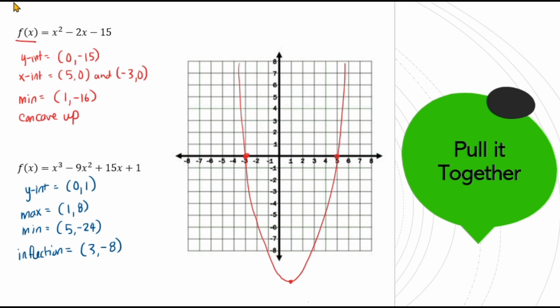All right, so putting what we can on there. 0, 1, 1, 8, 5, negative 24, not even going to happen. And we have an inflection at 3, negative 8.